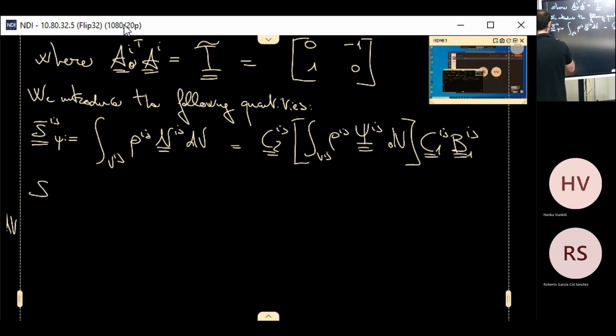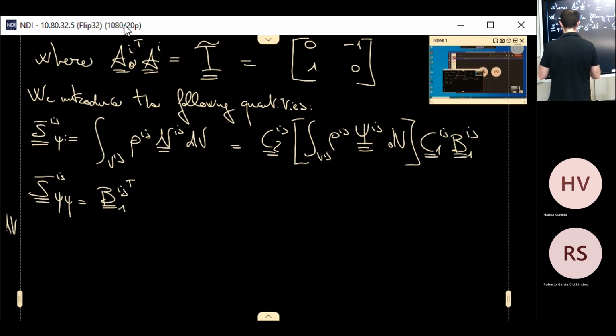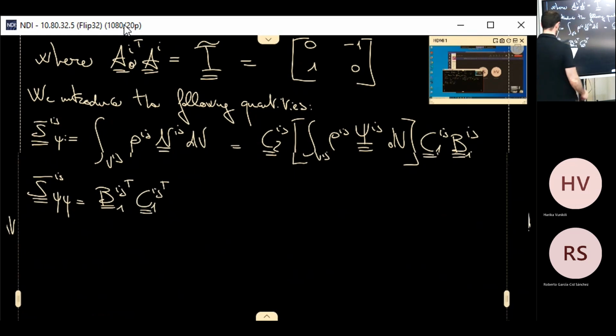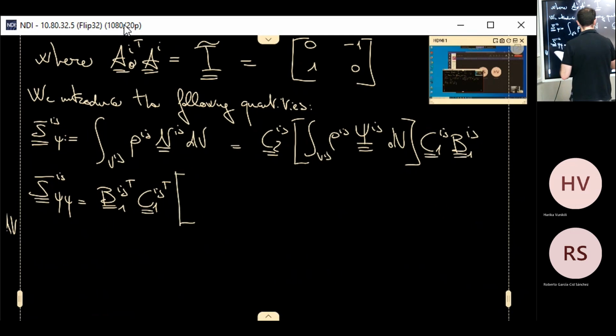Then we have S_ij^CC, which can be thought of as C1_ij transposed, C1_ij, the integral over V_ij of rho_ij.